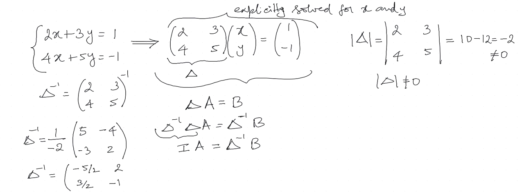Yes. Now we can check the correctness of the delta inverse. When you multiply with delta, it should become the identity matrix. Let's do that explicitly.